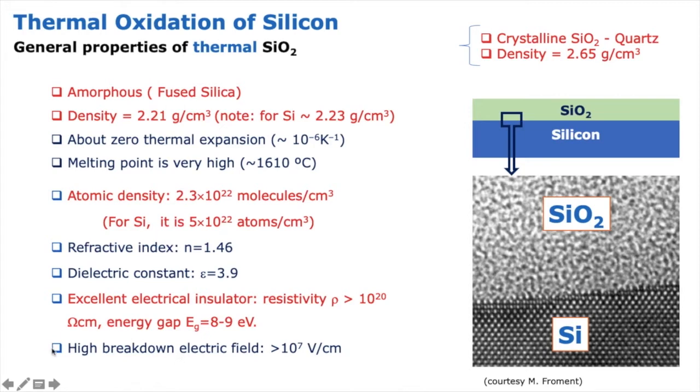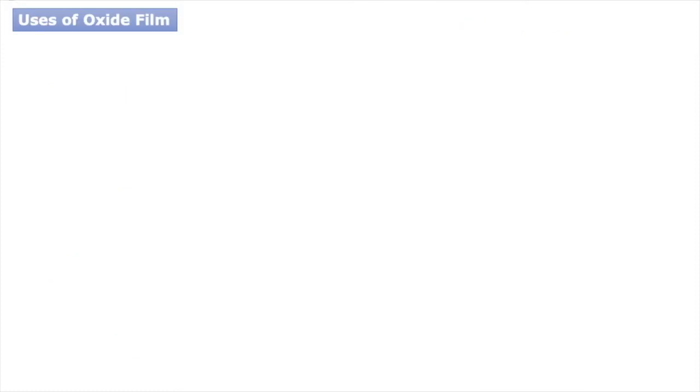This is also very important: high breakdown electric field, because since you are going to use it as a gate dielectric, the breakdown field should be very high. So silicon dioxide, with these properties, is one of the suitable materials for the fabrication of silicon based devices.